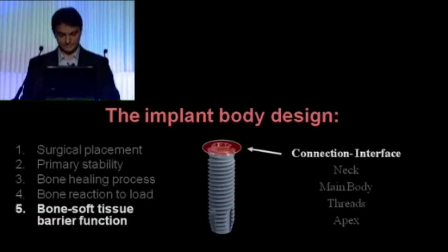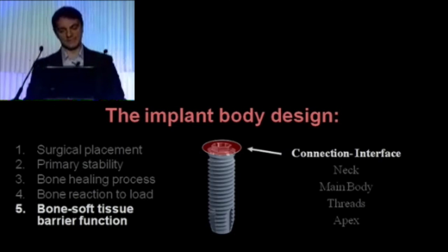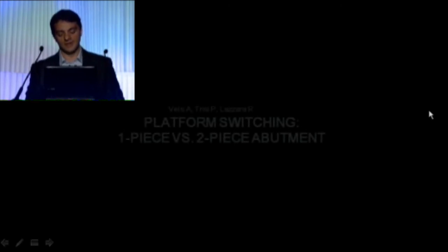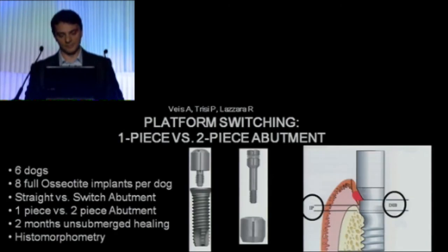So, the last part is the connection interface and the abutment interface. If you look at the studies on switch platform, they found that having a switch platform can reduce the inflammatory reaction at the flat part of the switching platform.